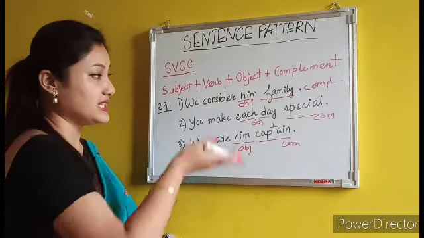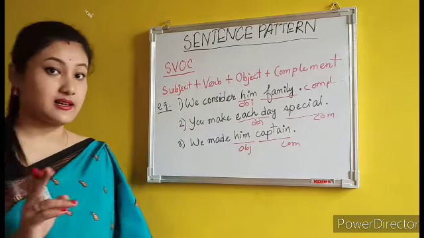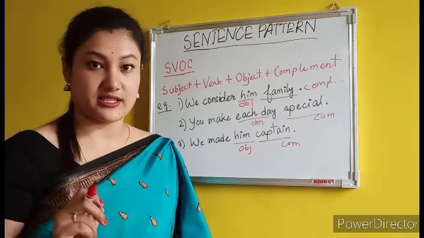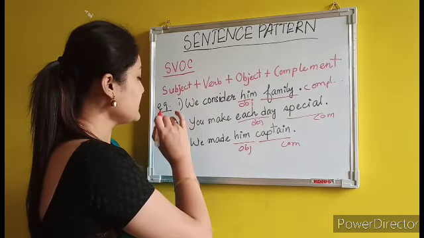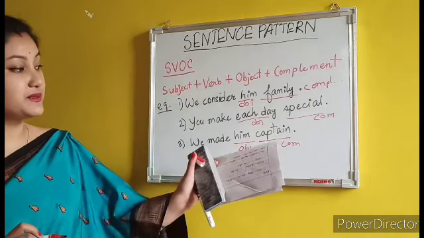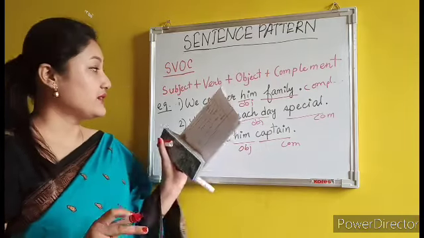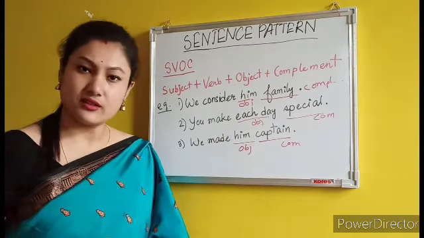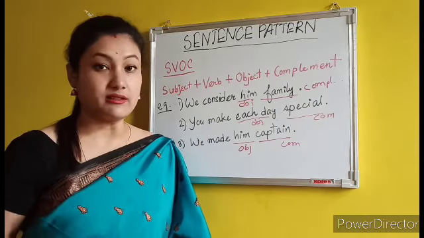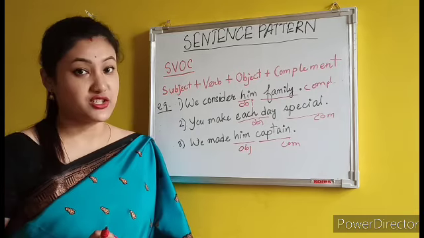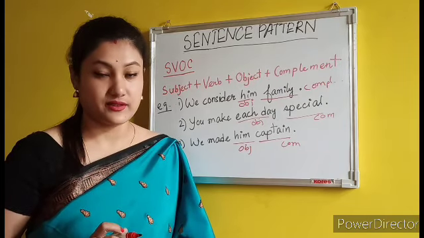Again, you have seen in these sentences that a complement may be a noun or an adjective. In the first and third sentences, the complement is a noun. Family is a noun, captain is a noun. But in sentence 2, special is an adjective.